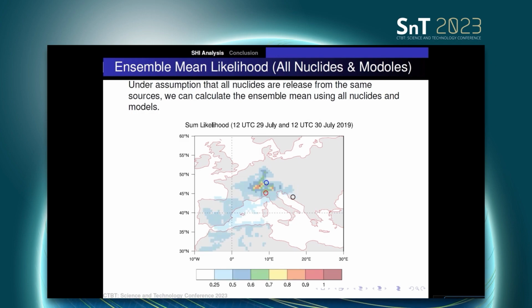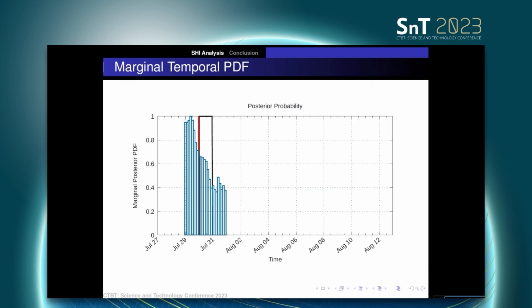So by using summation of only one day, between 12 to 29 July at 12:30, we get just a few grids with a high likelihood function. So there's a summation of all grids.